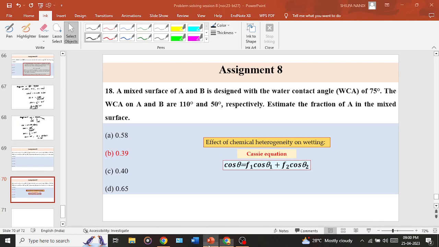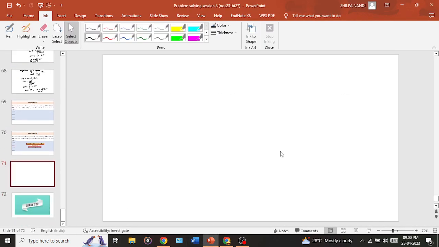Okay, let us try to solve this question. What we have is, I already told you the Cassie equation is the basis, right? So cos theta is equal to, now I can write it as FA cos theta A plus FB cos theta B. Can I?